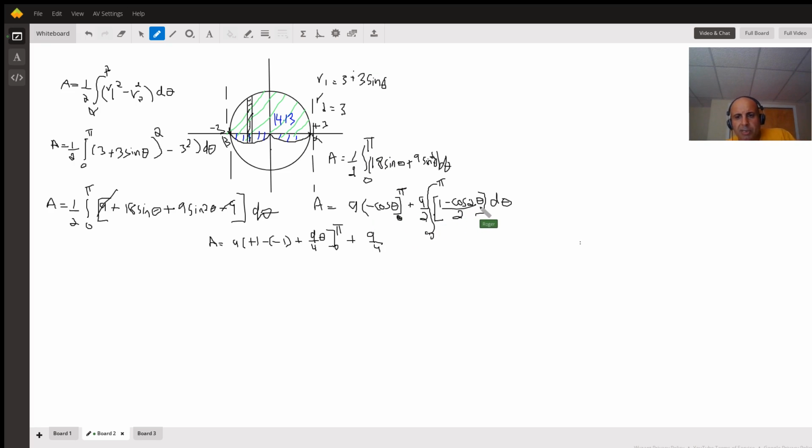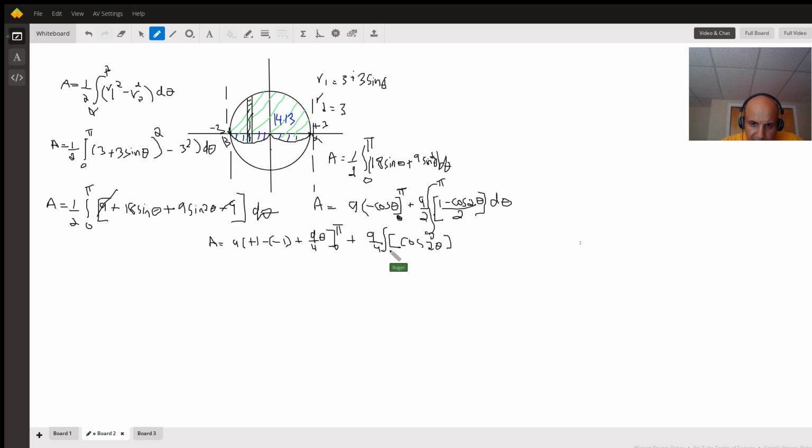So what is minus cosine 2 theta, the integration? Integral of cosine 2 theta will be sine, so this is half, 9 over 4, and you're left with cosine 2 theta, integral of cosine 2 theta from 0 to pi.